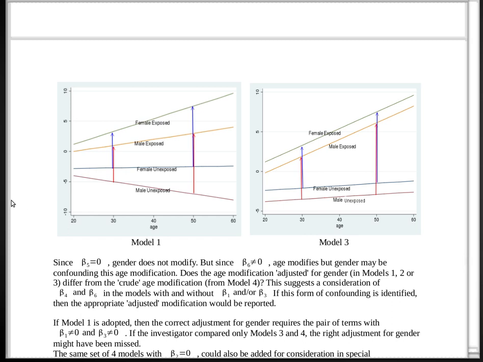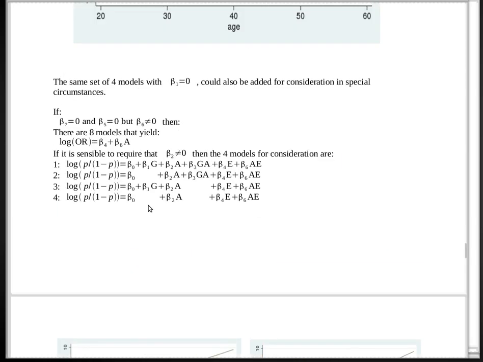But what I would like you to see now is that it is the interpretation of these two that might be in play in determining whether or not we wish to use an adjustment that is elaborate or a simple one. In other words, does any of the adjustments from models 1, 2, or 3 matter when compared with the crude?